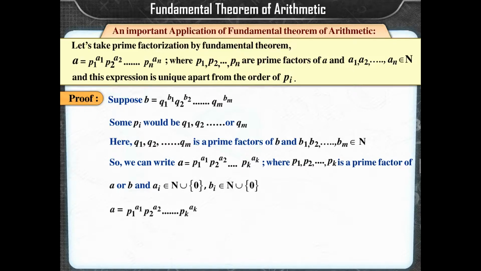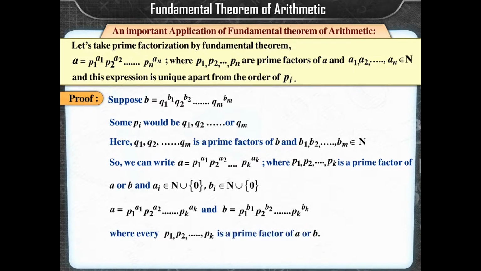A is equal to p1^a1 × p2^a2 up to pk^ak, and B is equal to p1^b1 × p2^b2 up to pk^bk, where every p1, p2 up to pk is a prime factor of A and B. Here i is equal to 1, 2, 3 up to k, and ai and bi are non-negative integers.